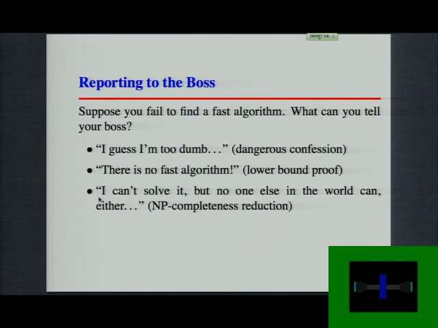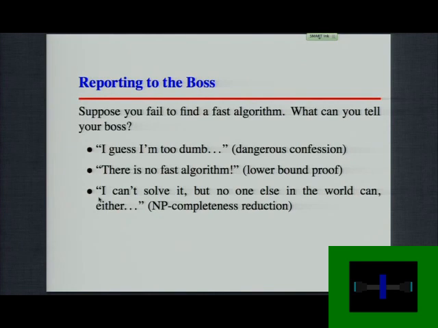What we're going to talk about for the next couple weeks is something that is almost as good, which is a statement that, you're right, boss, I can't solve this problem, but nobody else in the world could solve it either. You may want to fire me and hire Skeena, but Skeena can't do any more than I can. You go to all the algorithm designers in the world, and none of them can design a fast algorithm for this problem. This is adequate for saving your job.